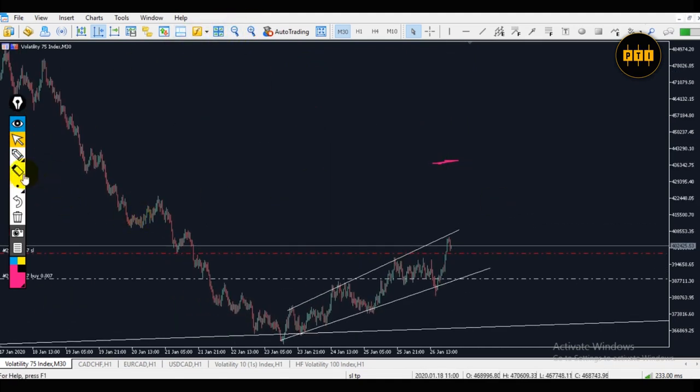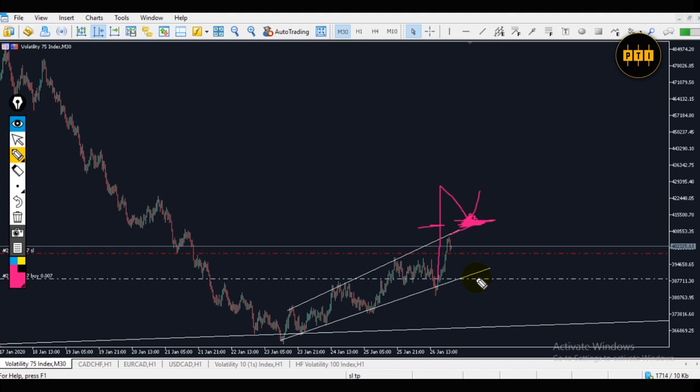I was going to wait for something like this. I said price will go up and come back, and then at this level, that's where I was going to take the price up, depending on how the price approached this level. If I don't take it direct here, I was going to take it from this level here, depending on how it reacted.